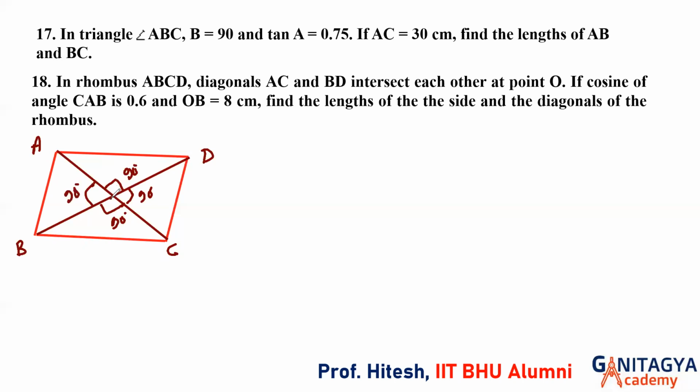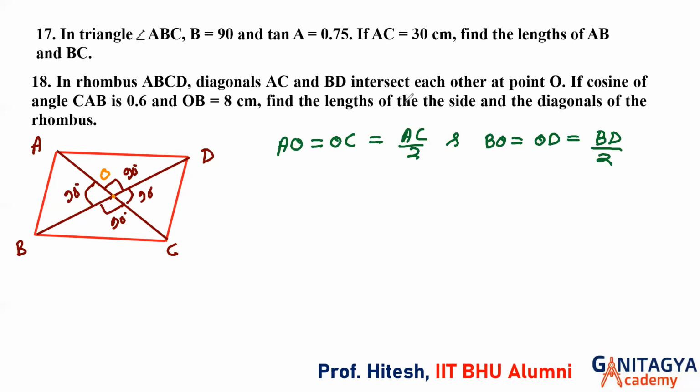Okay, let us say midpoint is O. Midpoint is O. So it means AO is equal to OC is equal to AC upon 2, and BO is equal to OD is equal to BD upon 2. Okay, BO is equal to OD is equal to BD upon 2.